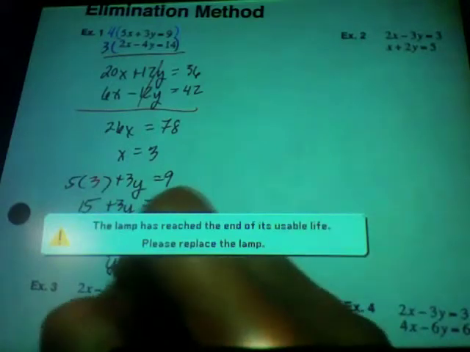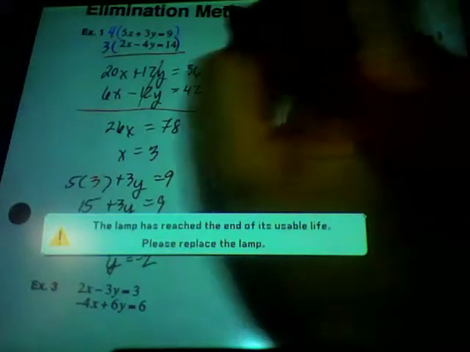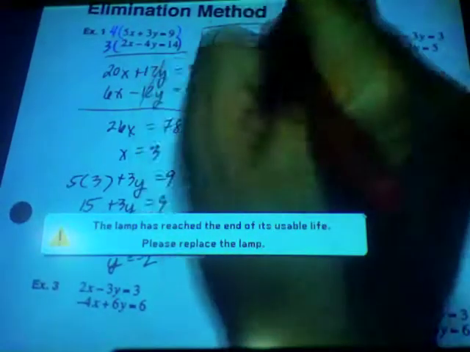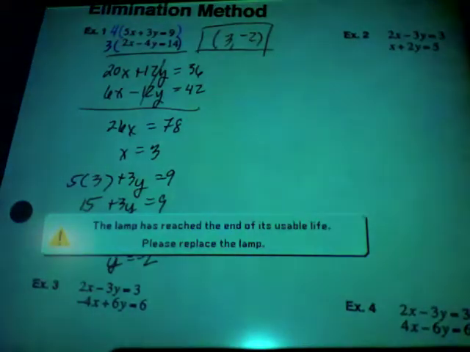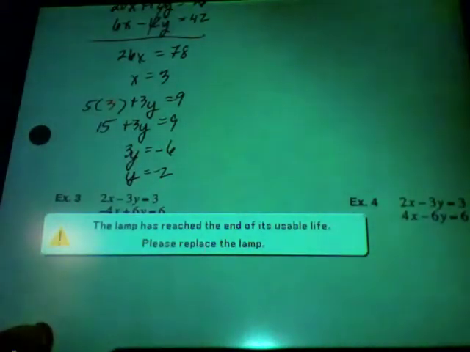Divide by 3, you get negative 2. So what's your answer? You have to write it out alphabetically, so 3, negative 2. Sorry, I know the lamp's in the way. I can't make that thing go away.